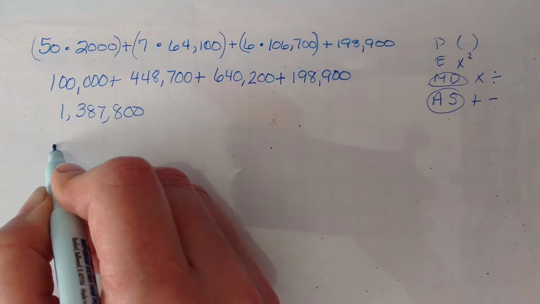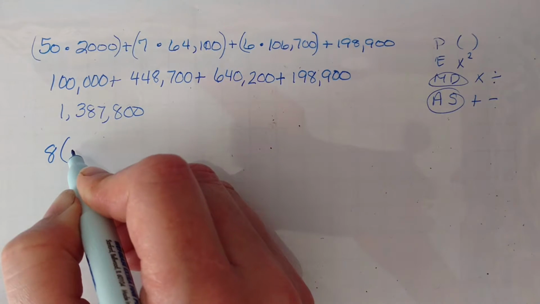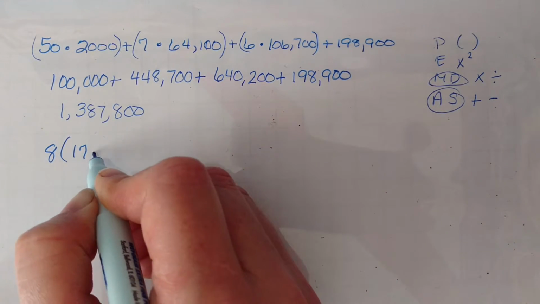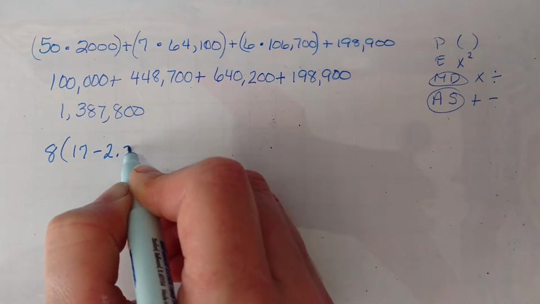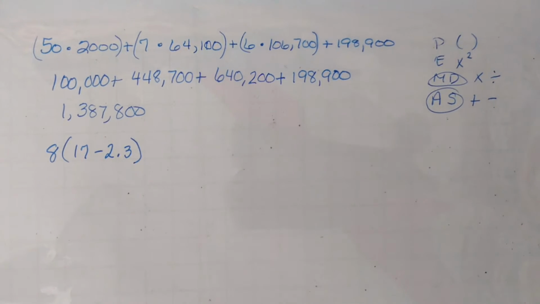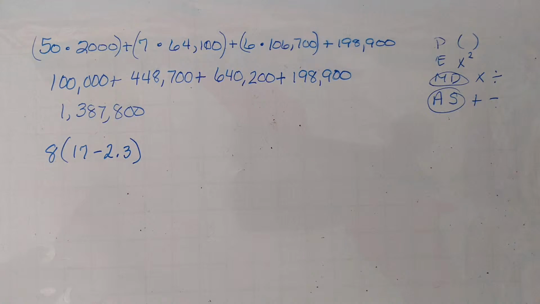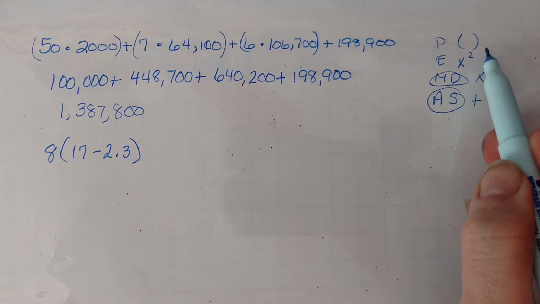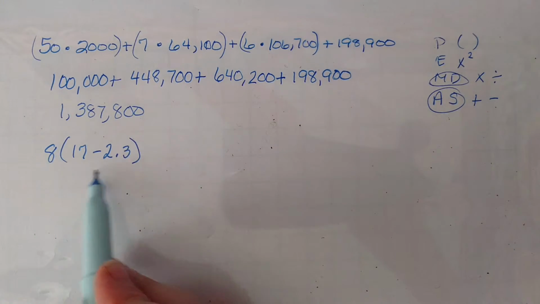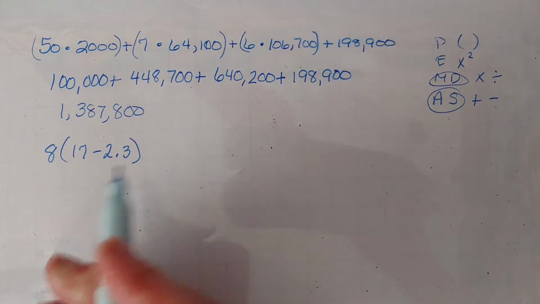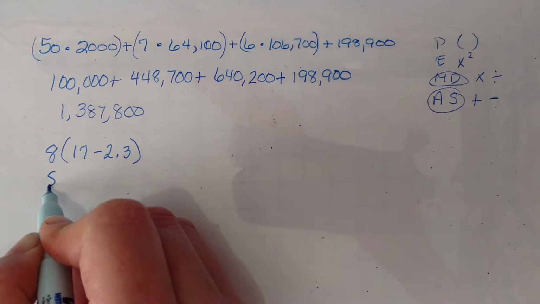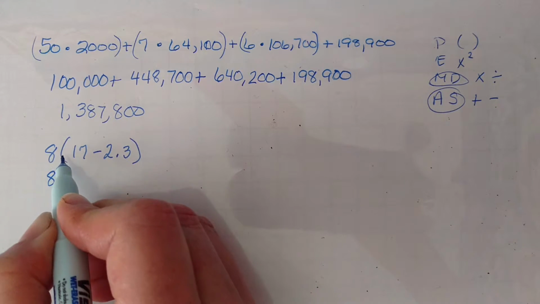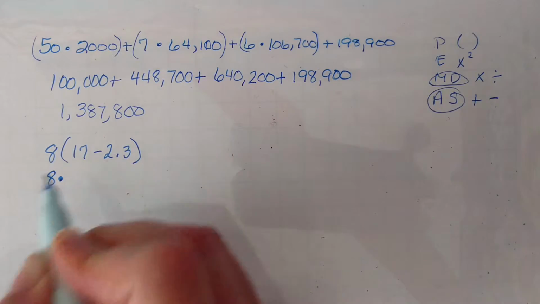The problem here is 8 times the quantity 17 minus 2 3/10, and we want to use order of operations to solve this problem. Again, I first want to see: are there parentheses? Yes, there are parentheses. That means I have to do this math first. So I'm going to keep my 8. Remember that when you have a number right up next to a set of parentheses, that means you will be multiplying.